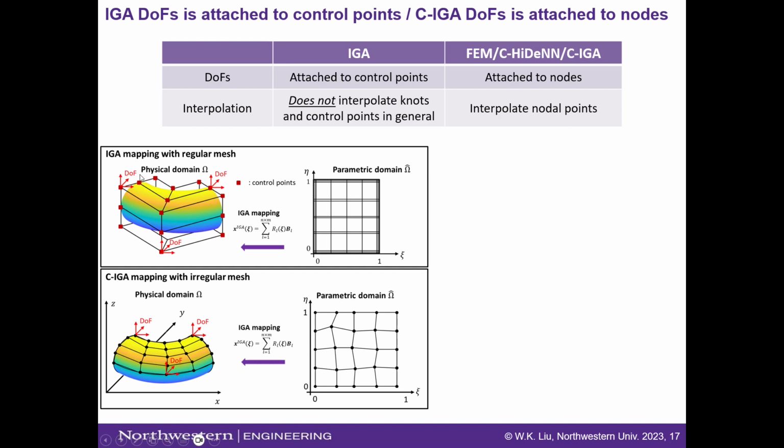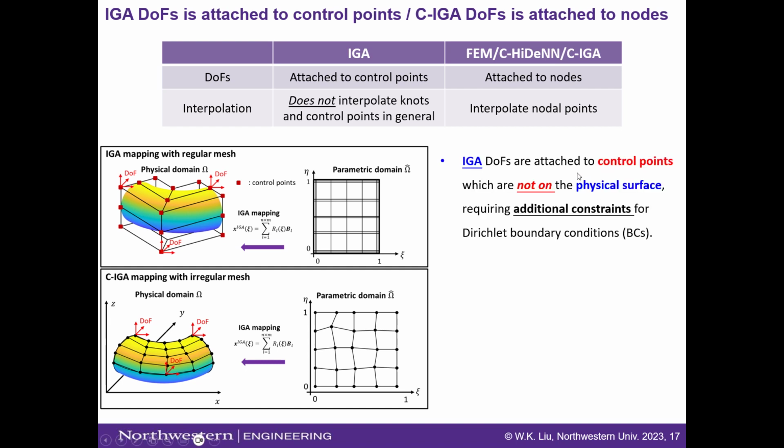So it is shown here. If you have this physical domain or physical mesh, you have the control points, and those control points are mostly not on the surface of your physical domain, right? But in C-IGA, they're exactly attached on the physical domain, just like FEM. But still, our element has the exact boundary coming from the IGA mapping.